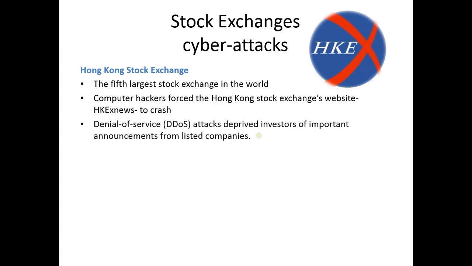In August 2011, computer hackers forced the Hong Kong Stock Exchange's website to crash, and the exchange suspended trading the shares of 7 companies.